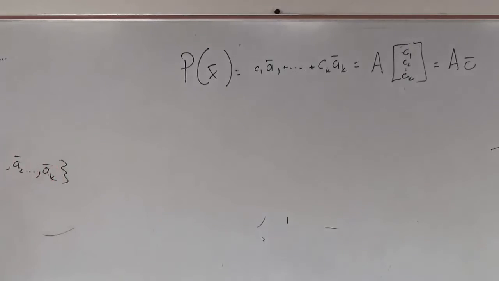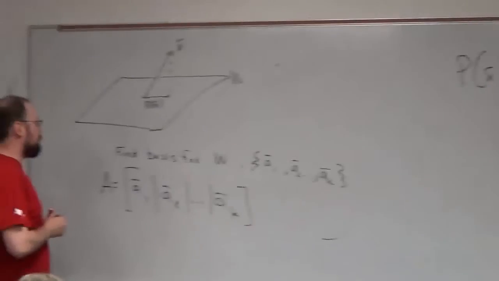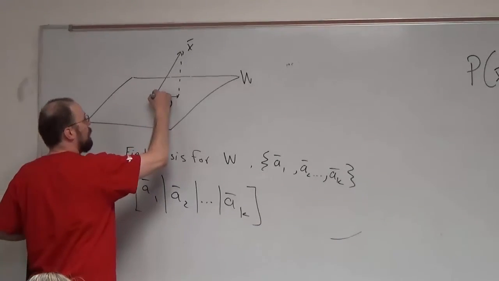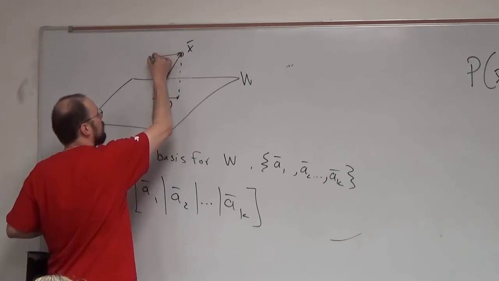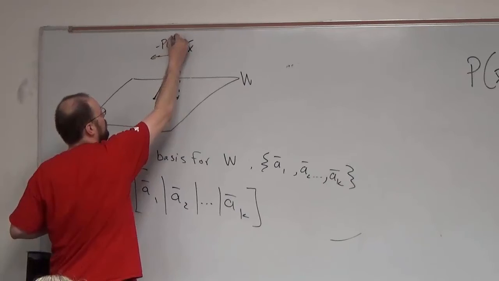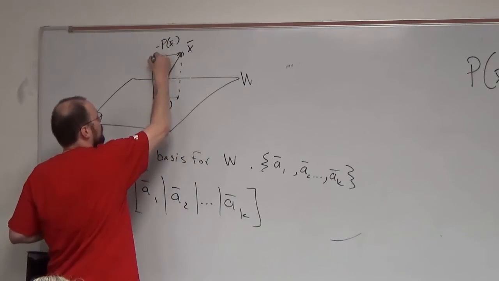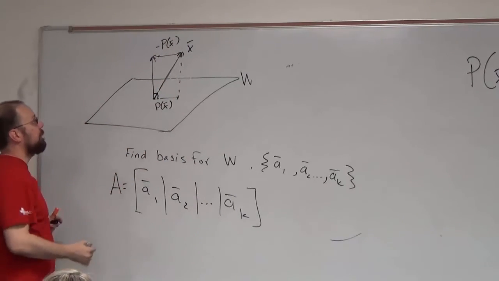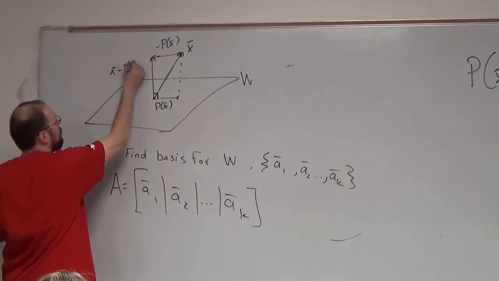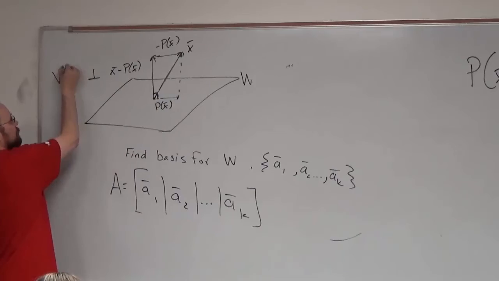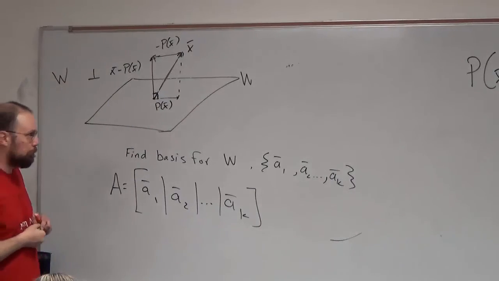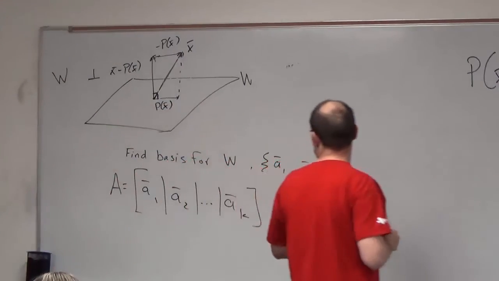Now, since we're talking about orthogonal projections, we would want the vector x minus the projection of x onto the plane to be orthogonal to the plane. Right? So this is x minus the projection of x. We would like it to be orthogonal to the subspace we're projecting onto. So how do we take advantage of that fact?